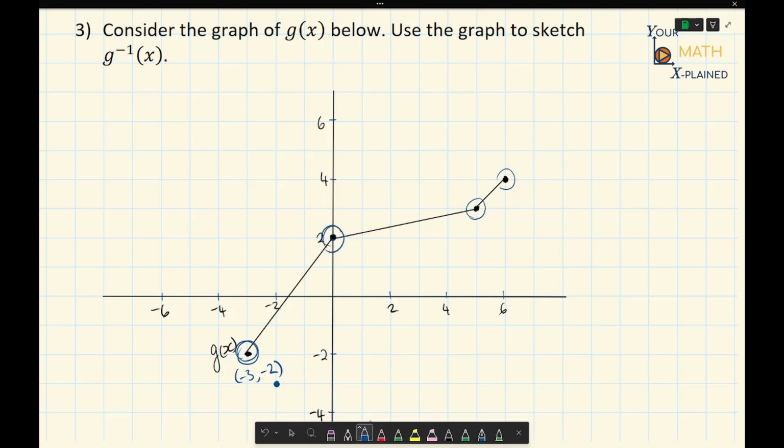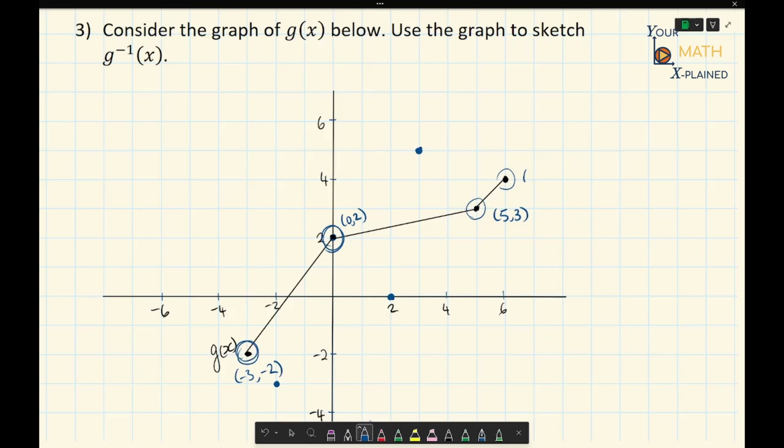Next is this point over here. So this one is 0, 2, which means that's going to end up being 2, 0, which is right over here. And then our third point is 5, 3. So that is going to become 3, 5, which is up here.